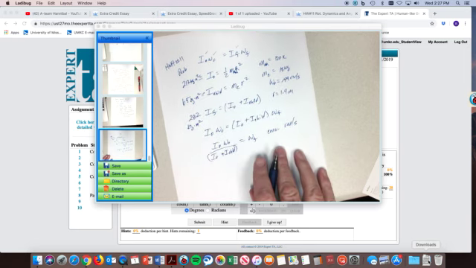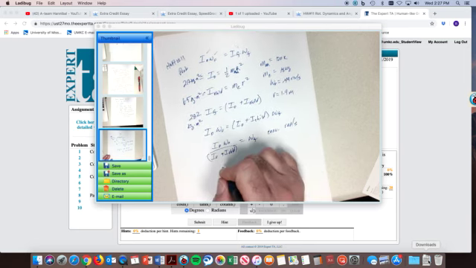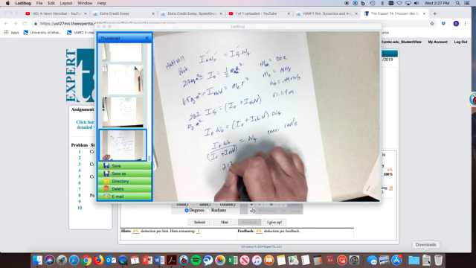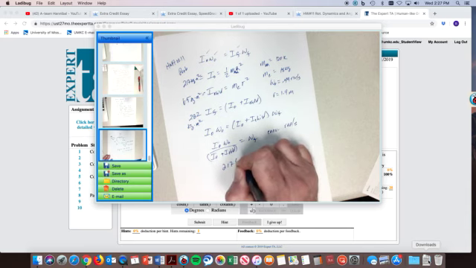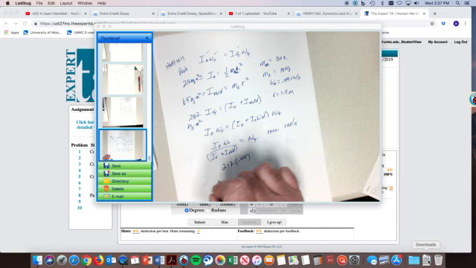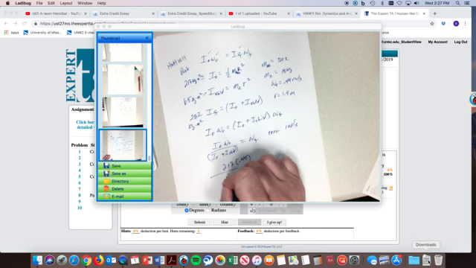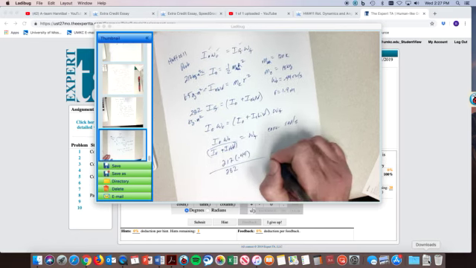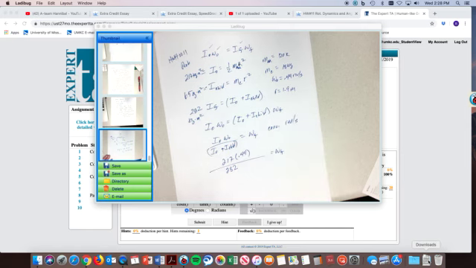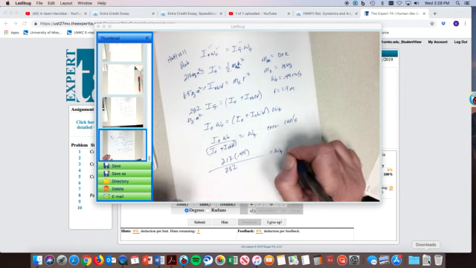And so there we go. I've got 217 times 0.44 over 282 is equal to omega final. This makes sense to me because it's smaller.